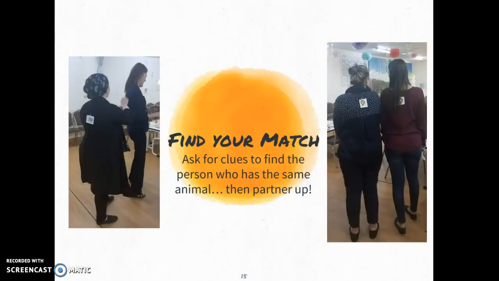Find your match. This one you can also place on their head using the simple circle headband. I actually prefer that for kids, because then they see the image of the person they're talking to right in front of them. And then what the students would do is actually describe the animal without telling the person who's wearing the animal which animal it is.